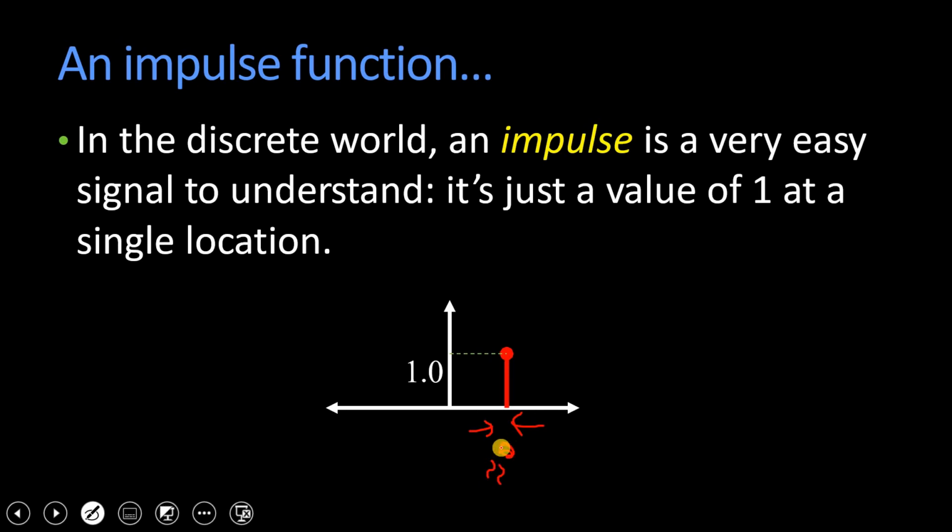And its area is equal to 1. Area means length multiplied by width. So if the width is almost zero, so time taken is almost zero, then its height will be very, very large. Theoretically, it should be infinite. That's why the area will be 1.